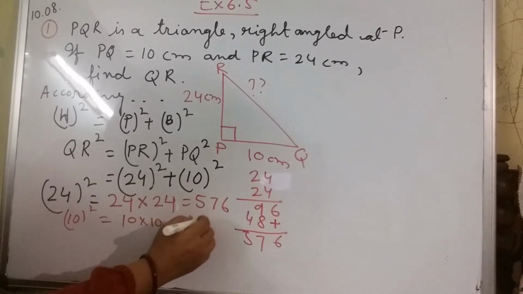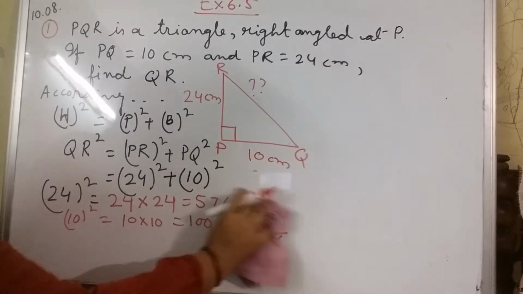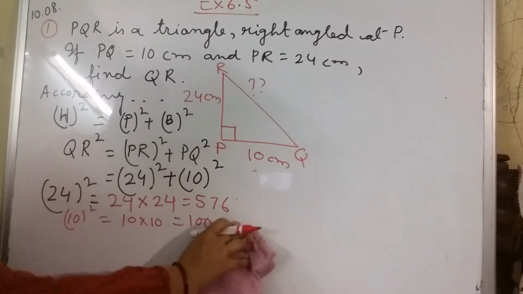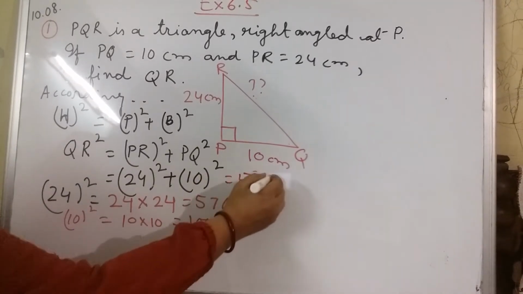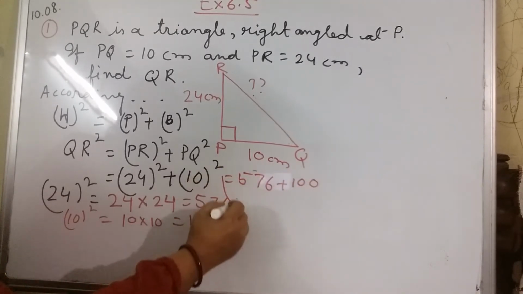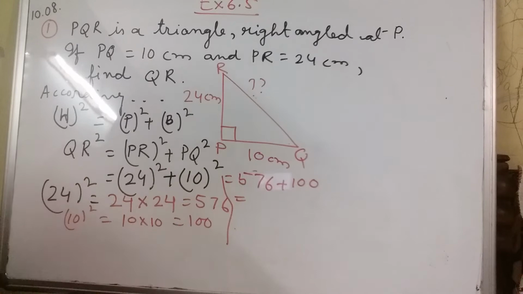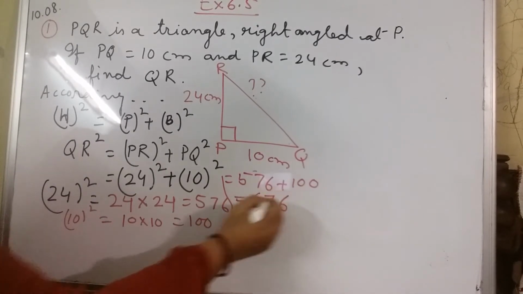10 tens are 100. So you can write that QR square will be equals to 576 plus 100. And 576 plus 100 is how much? It is 676.